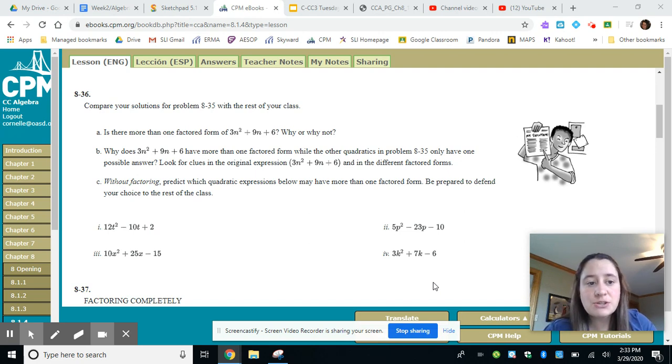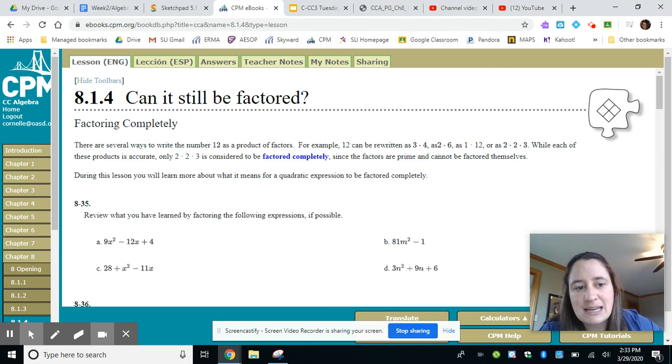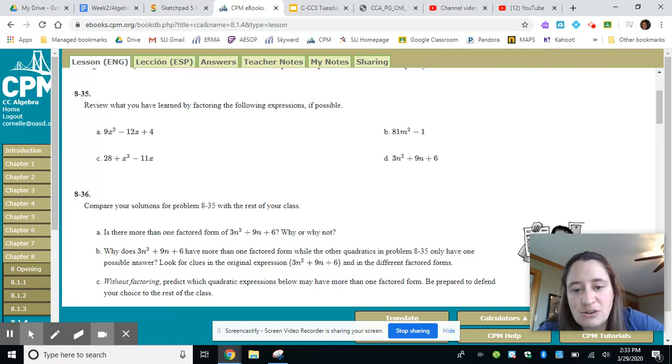All right. So today, if we were at school together, we would be completing this lesson right here, which is lesson 814. In this lesson today, we would learn about what it means for something to be factored completely. We would start by doing 835 as a class, and we would go through each one of these problems, and you would practice just like what we've done before.